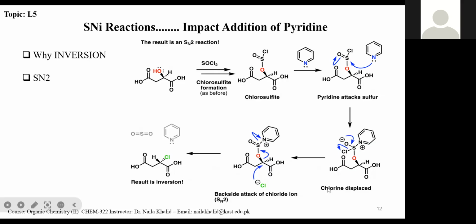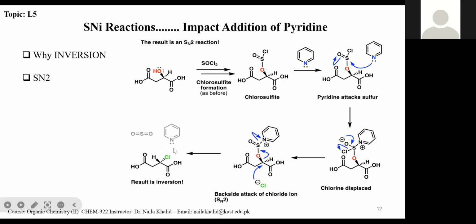And the pyridine has blocked this side in the form of pyridinium ion. So the chloride which has left the surface over here will attack from the back side. And from the back side, this electron density comes here, sulfur dioxide is formed, and this electron comes here.